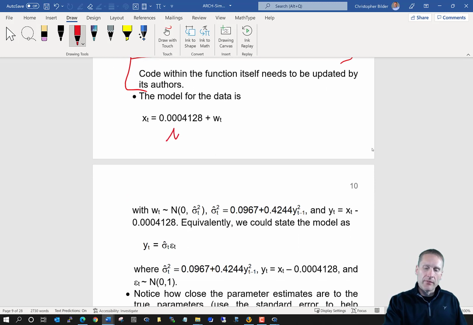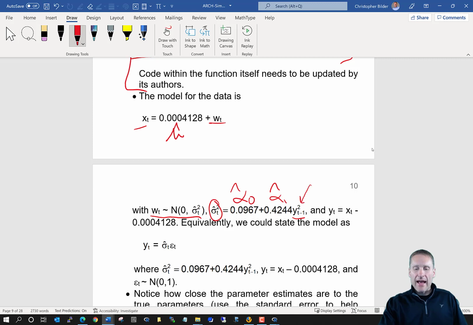Here's our model. So remember, mu hat is 0.0004 based upon what was in the output. And we're just simply saying x of t is equal to mu hat plus wt. That's our model where wt is distributed normal, mean 0, variance sigma hat squared sub t, where sigma hat squared sub t is equal to alpha hat 0 plus alpha hat 1 y sub t minus 1 squared.